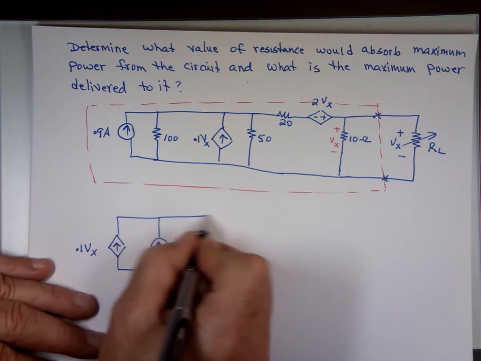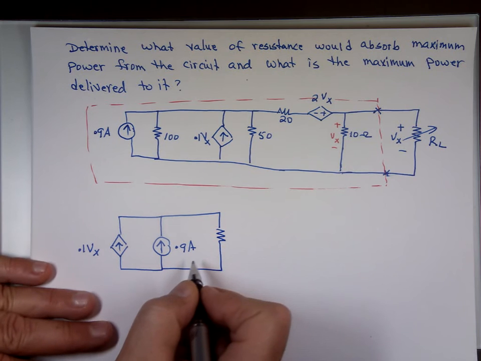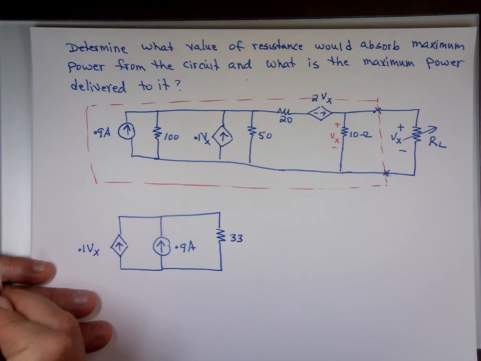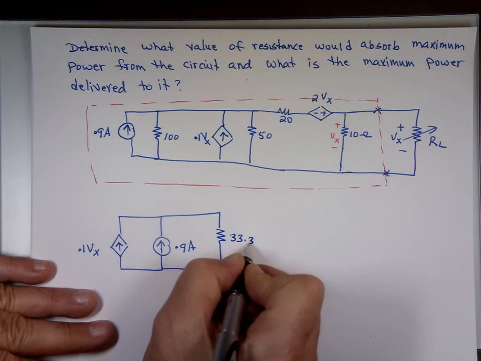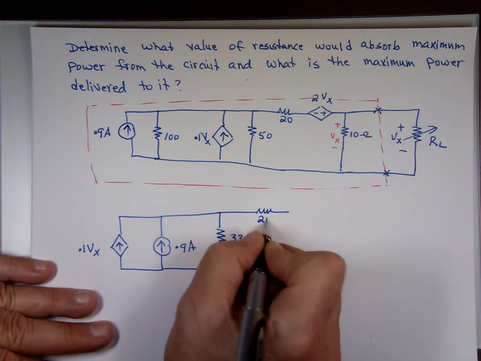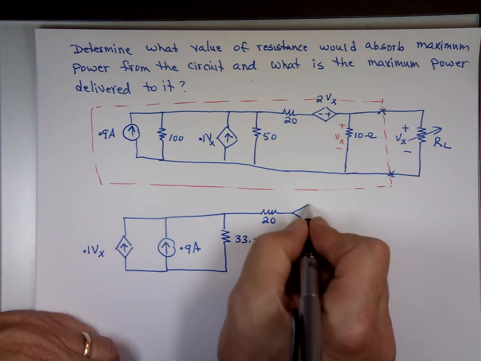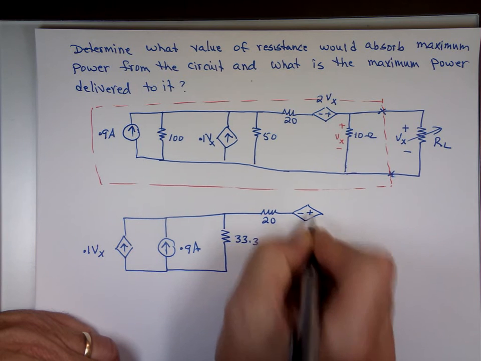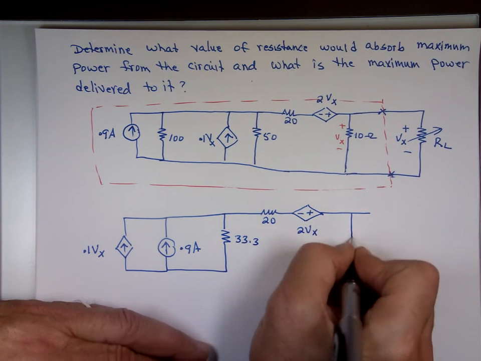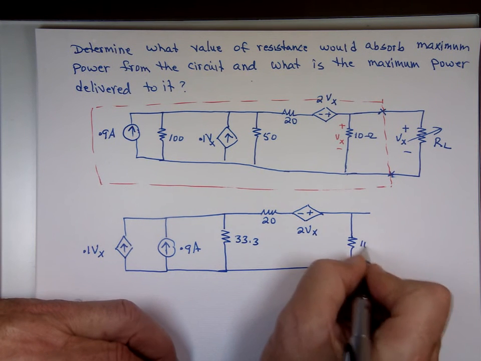The two resistors here, when you combine them together, we say roughly 33 ohms, 33.3. 33 is good. 20. 2Vx. 10, and that's your Vx.